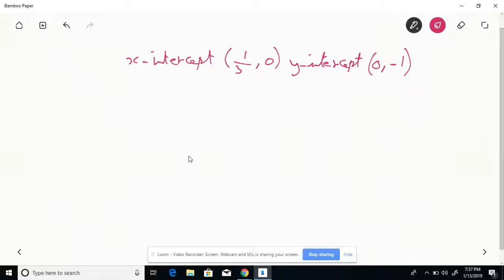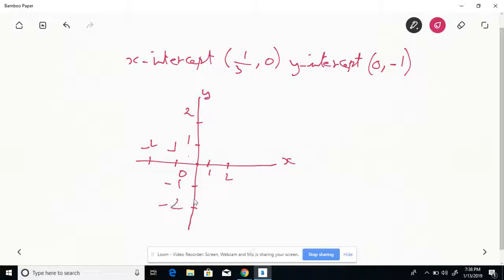I'm going to draw the graph here. This is the x-axis, and this is the y-axis. 0, 1, 2, -1, -2 on both axes.